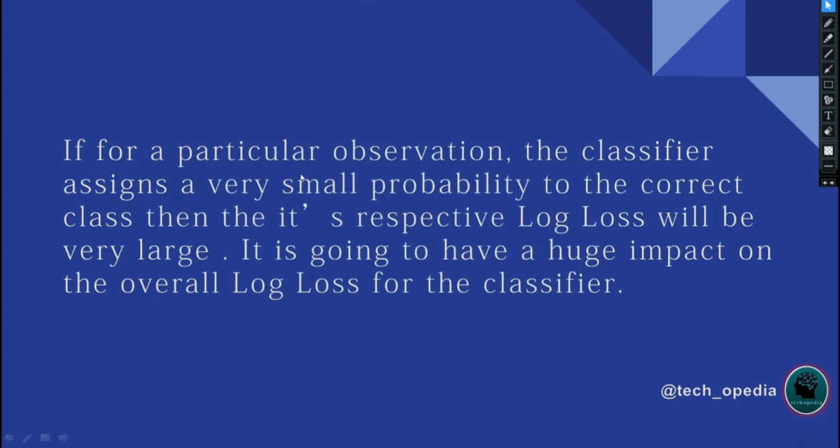If for a particular observation the classifier assigns a very small probability to the correct class, then its respective log loss will be very large. In case of wrongly misclassified predictions with great confidence, at that point also the log loss value will be very large, and in case of a correct prediction with a very small probability value, in this case also the log loss value will be more.